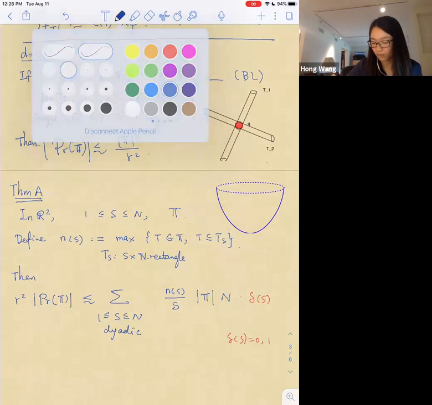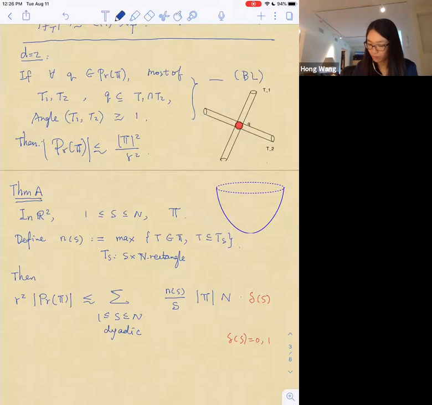But for now, let's just ignore this delta S term and look at the whole estimate.